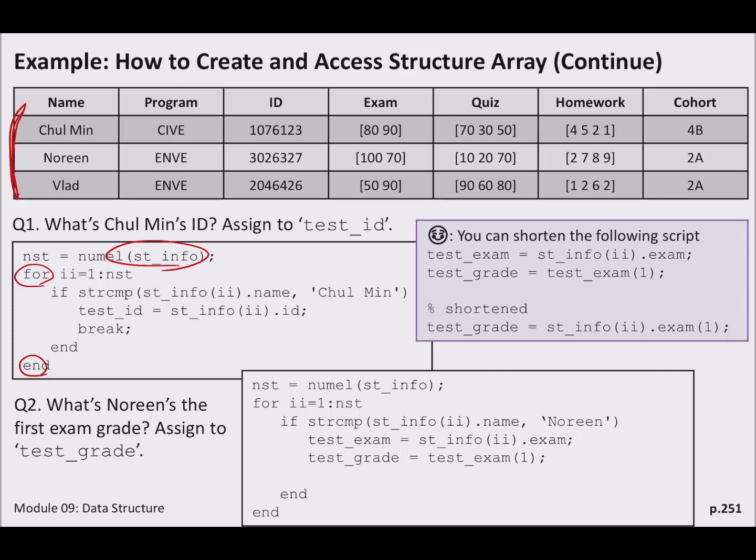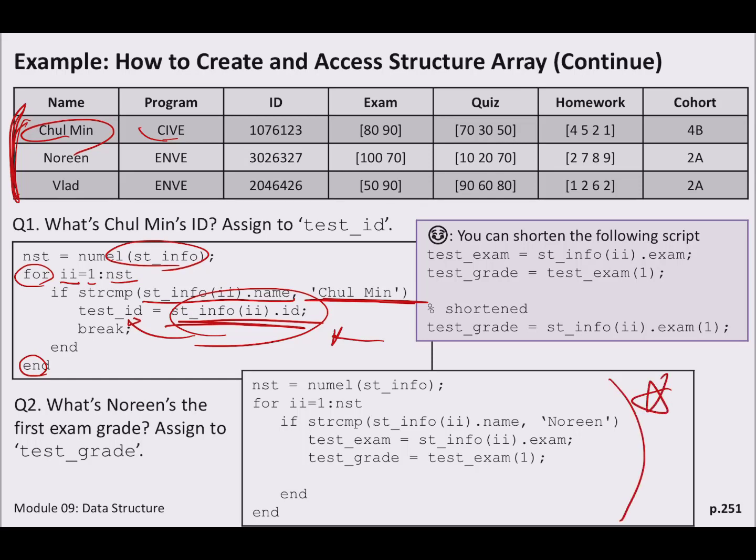Then iterate ii from 1 to the number of students, read the name, and in the same way compare with the Chalmers name, and then we assign his ID to the test ID. Do you understand this logic? The logic is exactly the same. The only difference is how to read the value. This is how to read the value. These are the same.